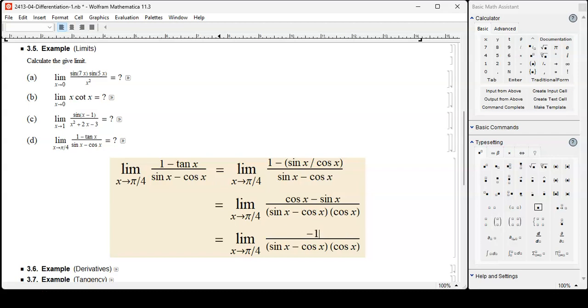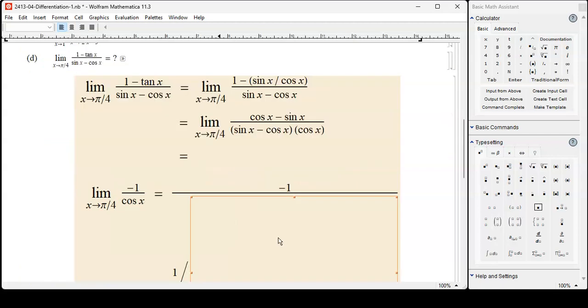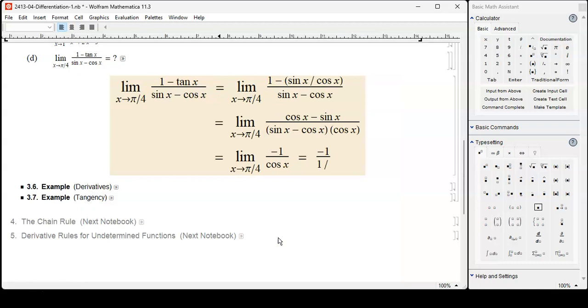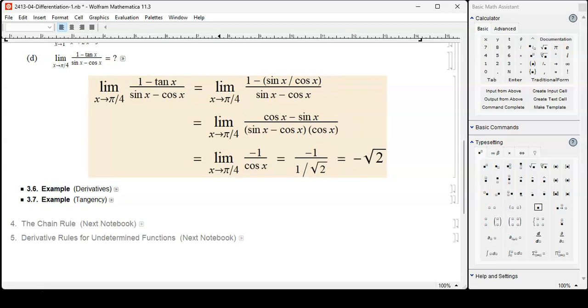So we have negative 1 over cosine of x, and then x is going to pi over 4, so cosine of pi over 4 is 1 over square root of 2. Oh, excuse me. Alright, so negative square root of 2.